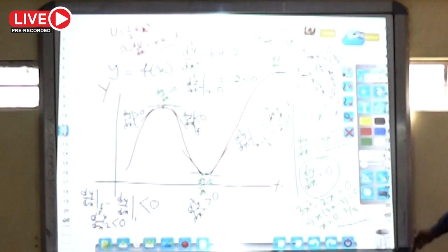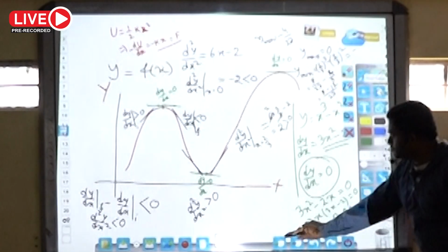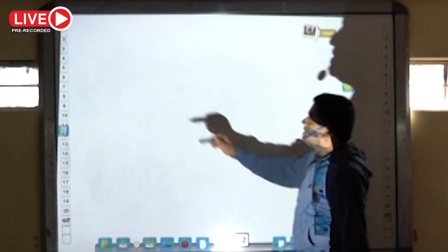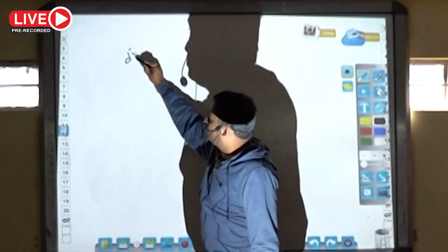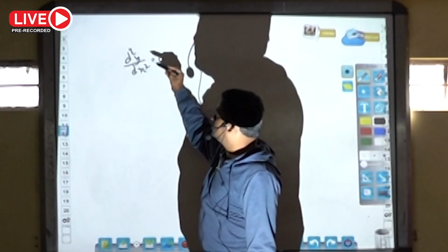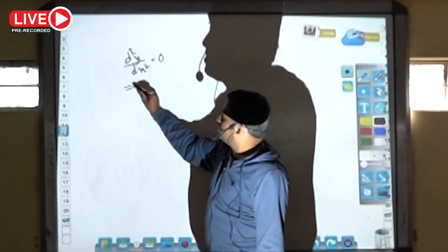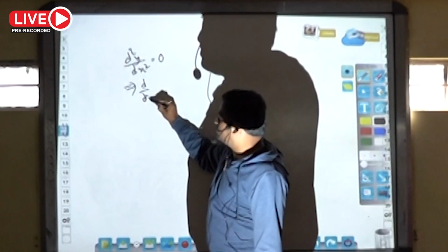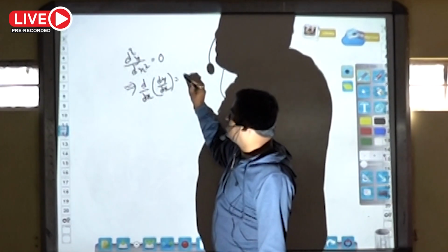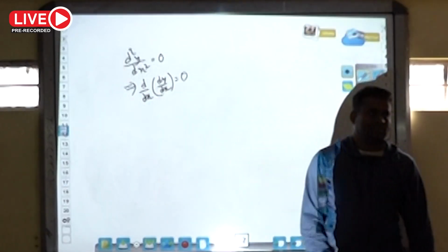See, whether you will get the double derivative equal to 0, means d dx of dy dx is equal to 0.